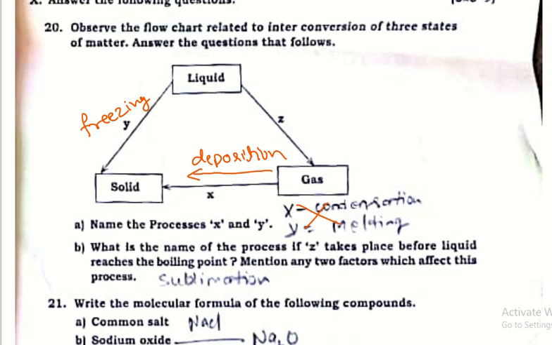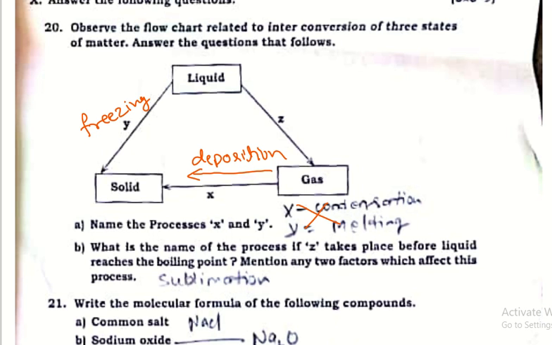And what is the name of the process if Z takes place before the liquid reaches the boiling point? Mention any 2 factors which affect this process.